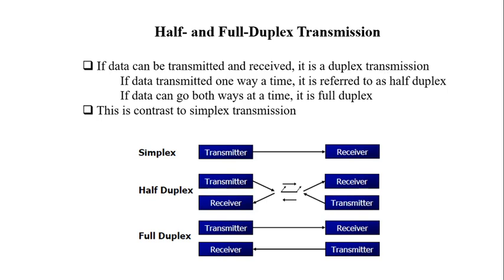Whenever your data is transmitted only one way, it is half duplex, and if it is both ways, that means the transmitter transmits data to the receiver while it is also receiving data from the receiver, then it is full duplex transmission. This is in contrast to simplex transmission. These are the basics of how your data will be transmitted, in half duplex or full duplex.